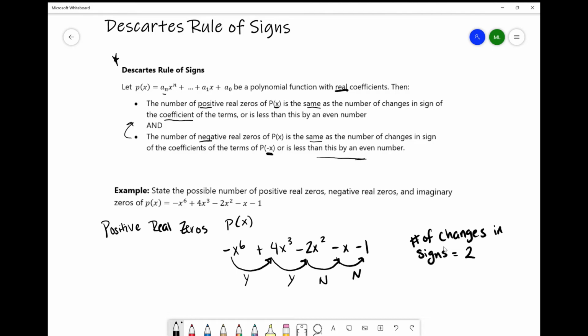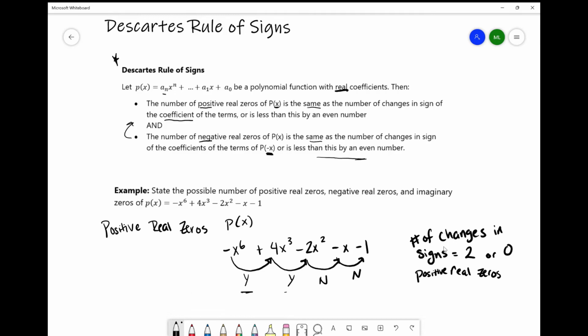Well, 1 isn't an even number, so the next is 0. So it's either 2 or 0 real zeros. Okay, positive real zeros. Let's add that in. The number of changes is either 2 or 0 because I only had it happen twice.